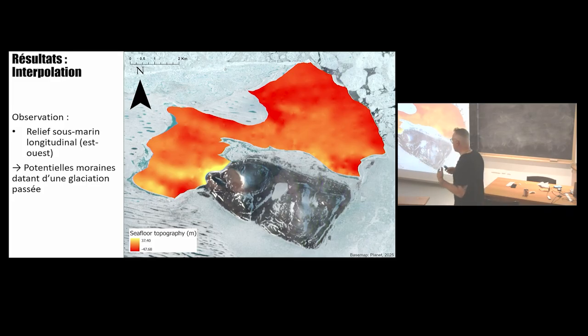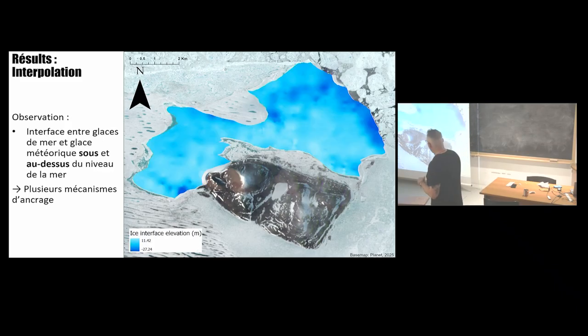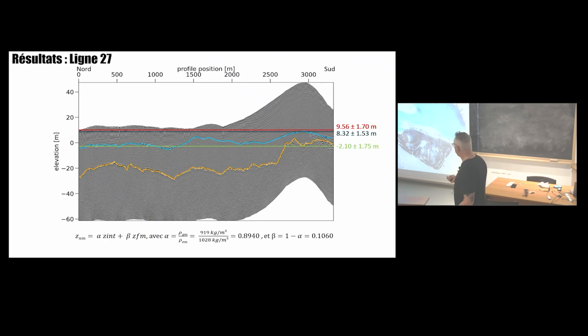I was surprised. And I think that must be potentially former glacier-pushed material underneath, but very old stuff. And this is the interface between the two types of ice.